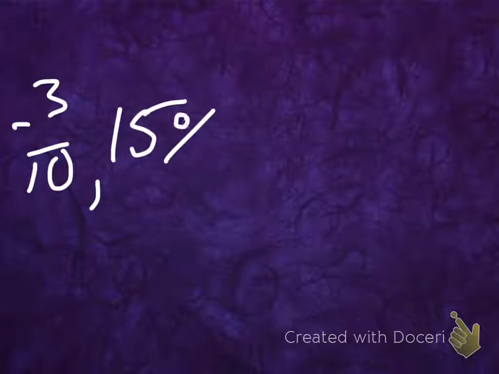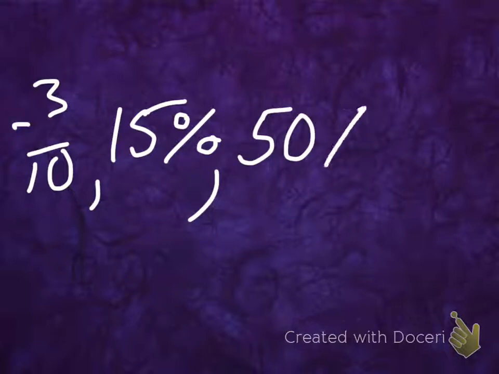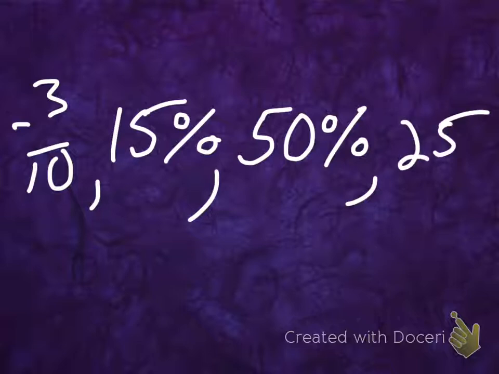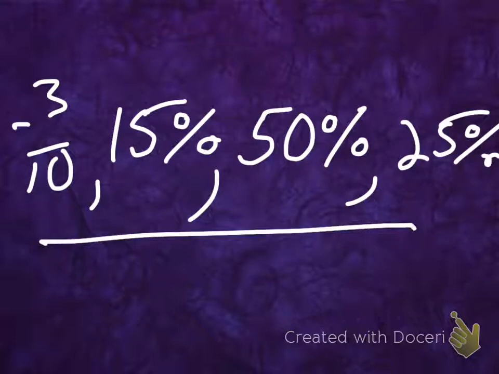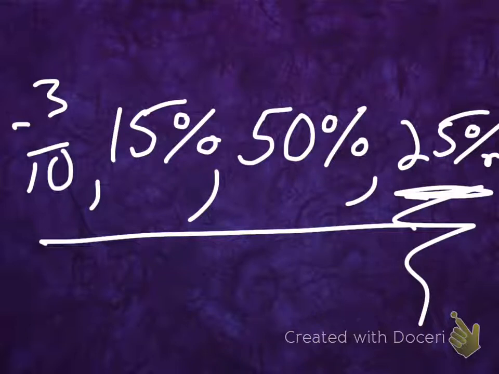I don't even need to convert it because it's the only negative, so we know that's the smallest. Then you got 15%. Then you have 1/2, which is 50%. And 0.25, which is 25%. It worked all the way up till this last one ruined it. Alright, so B was our answer. Any questions on that one?